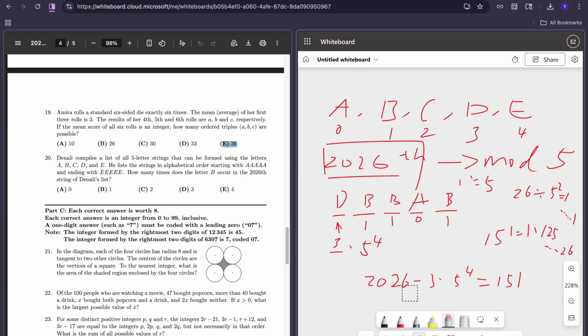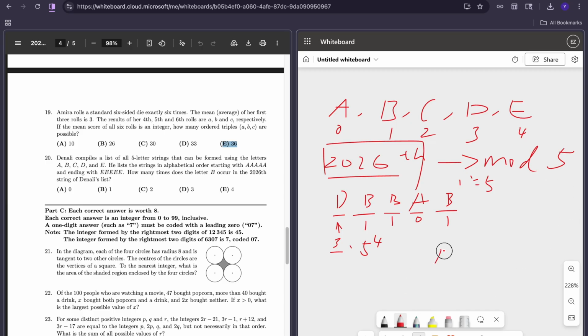But there's one question here. Since we assume A is equal to 0, and our list, rather than starting from 0, 0, 0, 0, 1, starts from 0, 0, 0, 0, 0, we should actually subtract 1.